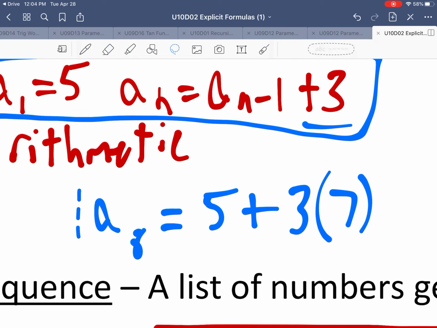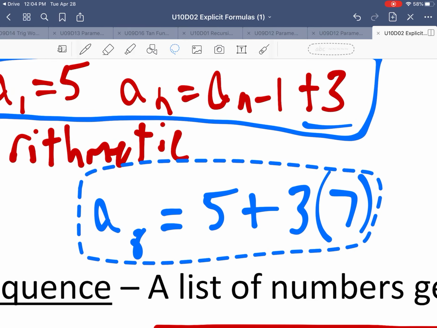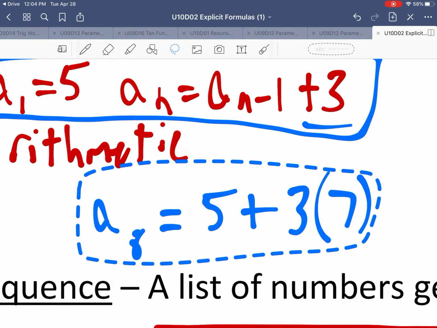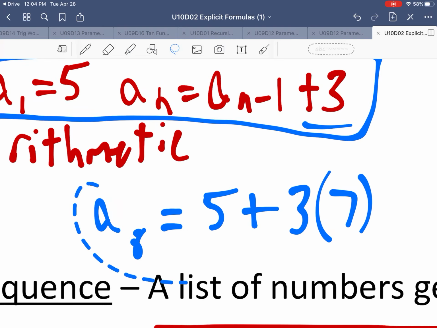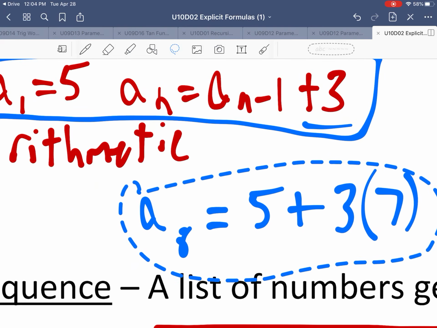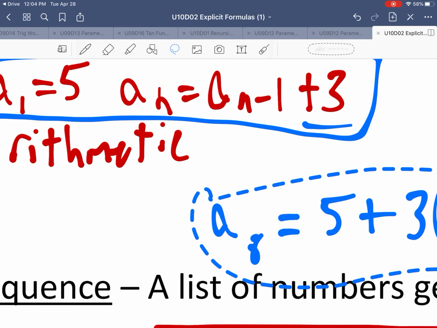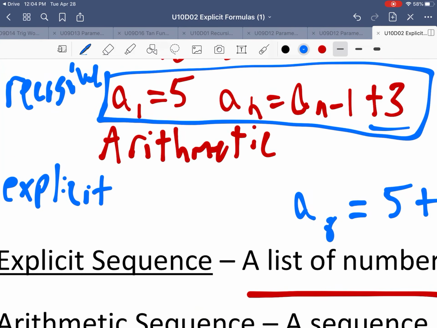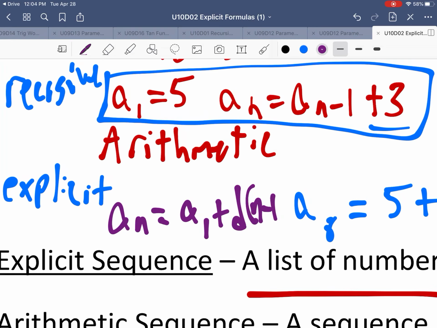But if I wanted to find any term, the rule for finding any term would be to start at my first term, whatever that is, and add the amount I'm adding n minus 1 times.